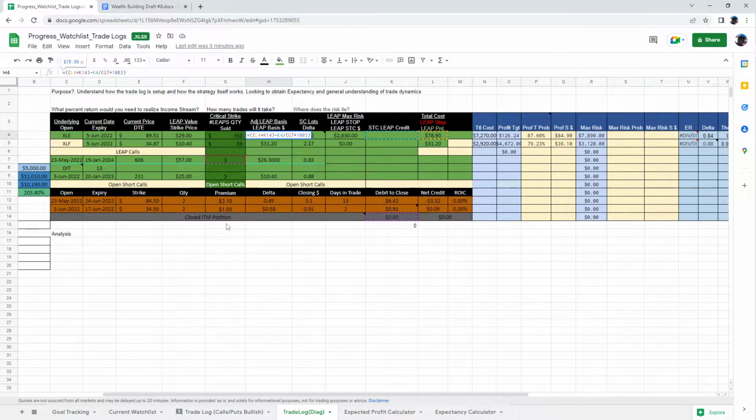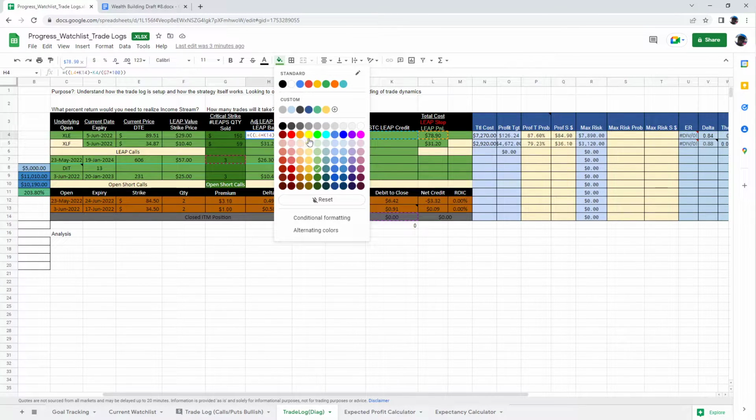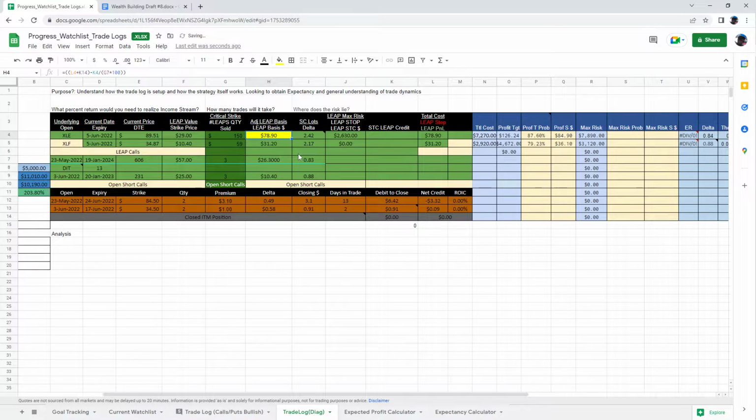Okay, because on this top trade for XLE, the adjusted leap basis is referring to this debit to close. Let me highlight it. So for the adjusted leap basis, it's trying to calculate K14, which is this one right here.